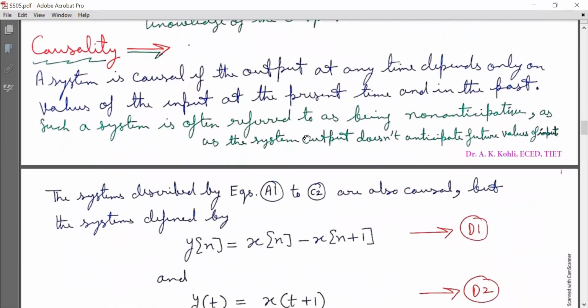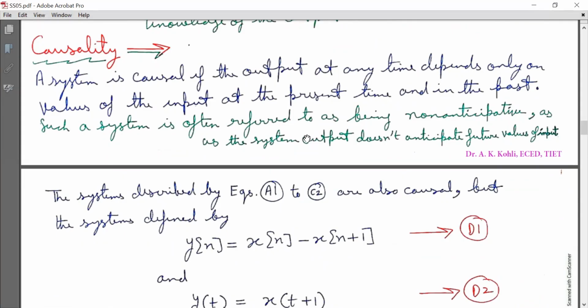Now we talk of causality. A system is causal if the output at any time depends only on values of the input at the present time and in the past. Past means delayed signals.